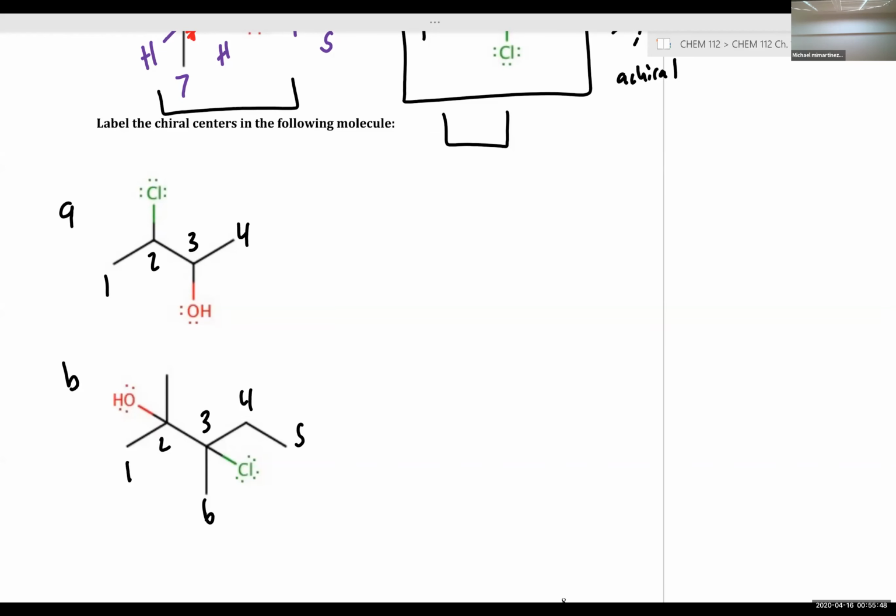What are our chiral centers in A? Yep, exactly right. Everyone's really fast at this. Carbon 2 and 3, spot on. These are our chiral centers. They have 4 different substituents.